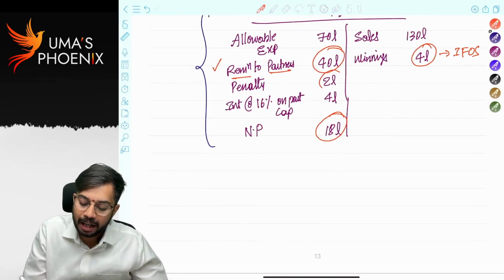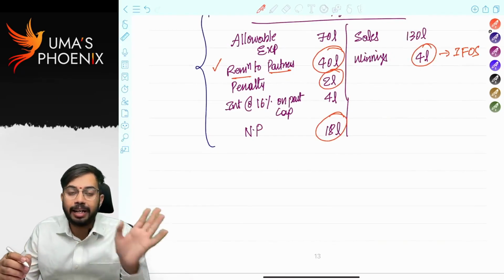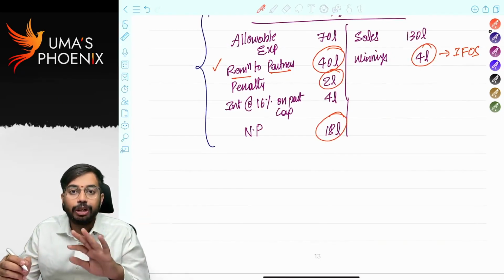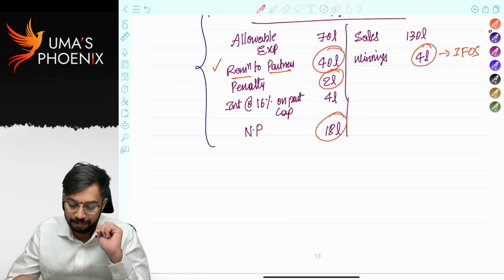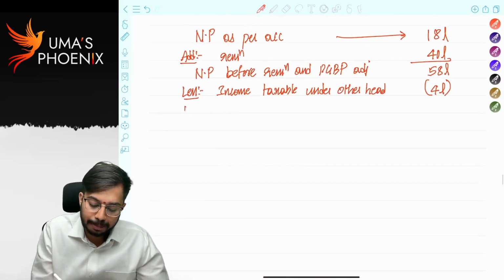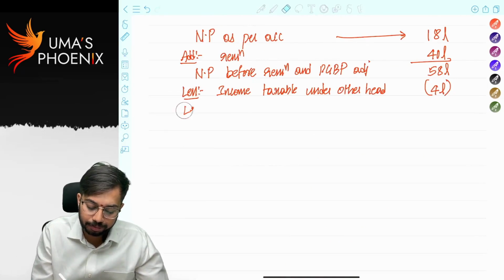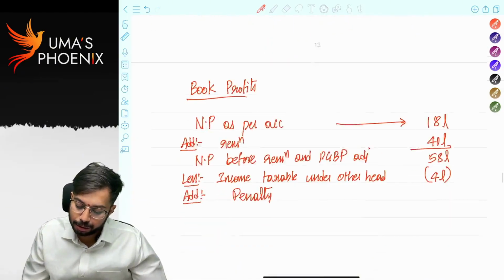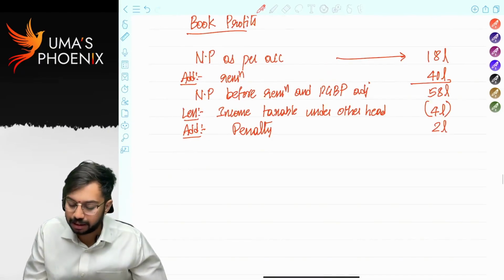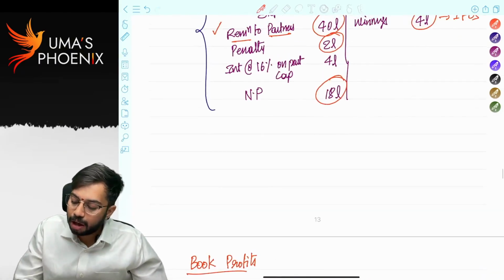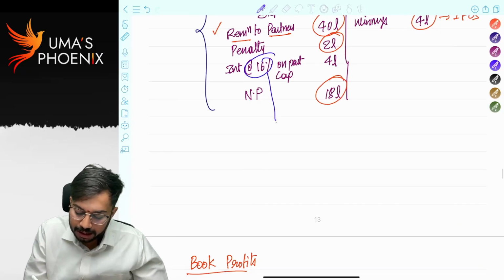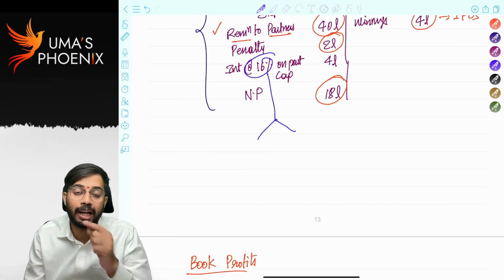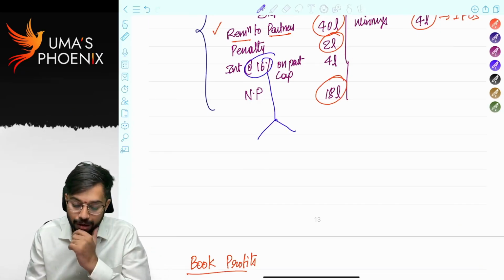Next, penalty. As per section 37, penalty is not allowed as deduction. So you need to add back penalty. That expenditure is disallowed, so disallowed expenditure should be added back. How much is penalty? Penalty is 2 lakhs. Next. Interest on partner's capital. How much interest? 16%. Maximum interest allowed as per Income Tax Act is only 12%.